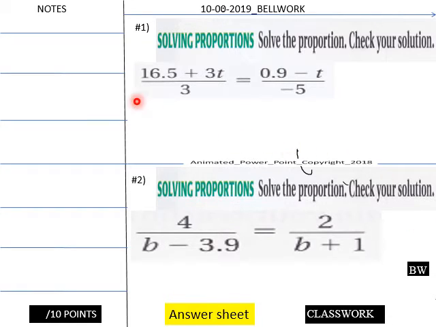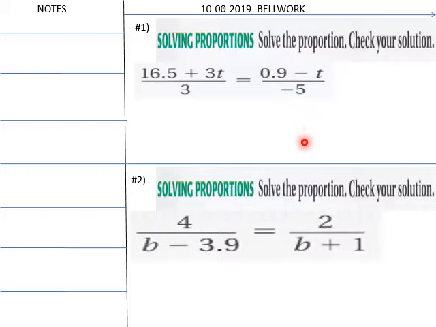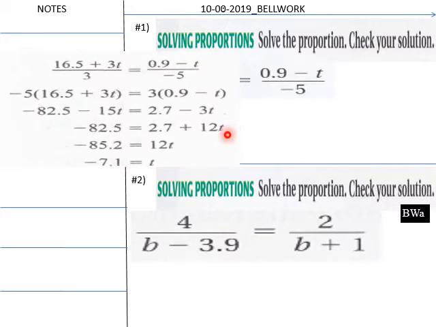Okay, welcome back everybody for today's solutions to today's bell work. Solving proportions, solve the proportion, check your solution. So for number 1, we have (16.5 plus 3t) over 3 equals (0.9 minus t) over negative 5. To solve this one, we're going to cross multiply.